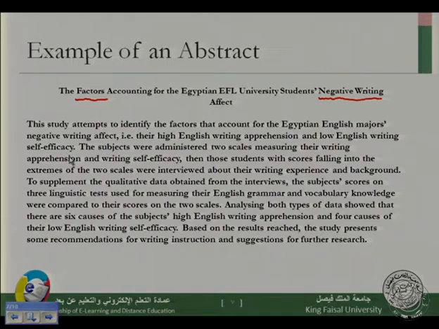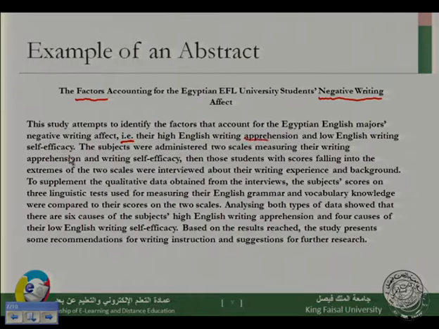This study attempts to identify the factors that account for the Egyptian English majors' negative writing effect. Well, this is similar to the title, because the title involves the research problem. For example, their high English writing apprehension and low English writing self-efficacy.